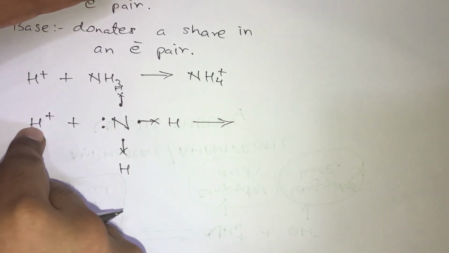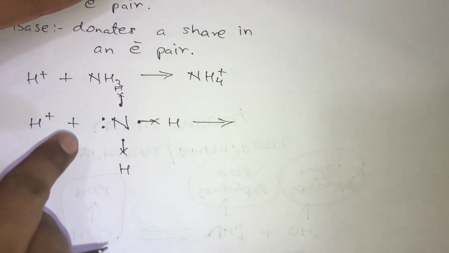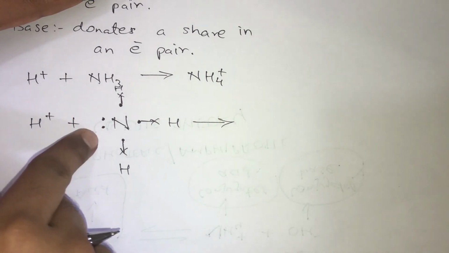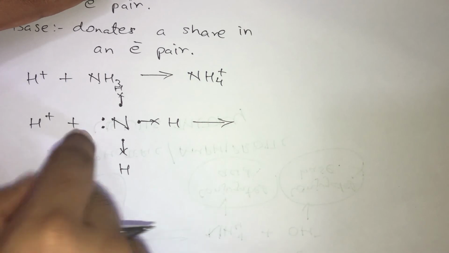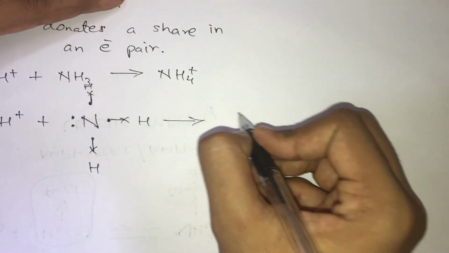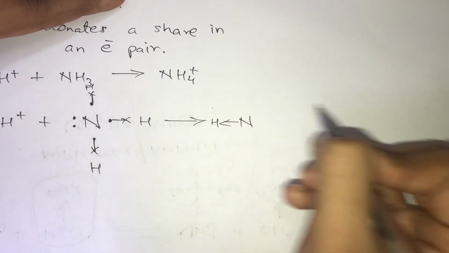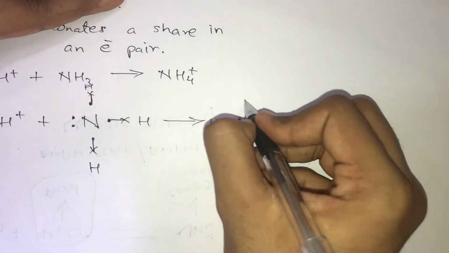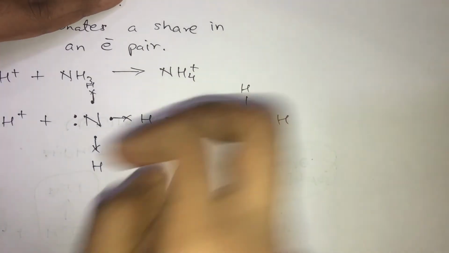Because H+ does not have any electron in it, and to form a covalent bond you require a minimum of 2 electrons. So this nitrogen is going to donate its 2 electrons to form a covalent bond. Let's see how. So nitrogen is going to form a covalent bond, and this hydrogen bond, the side hydrogen bond and the lower hydrogen bond.